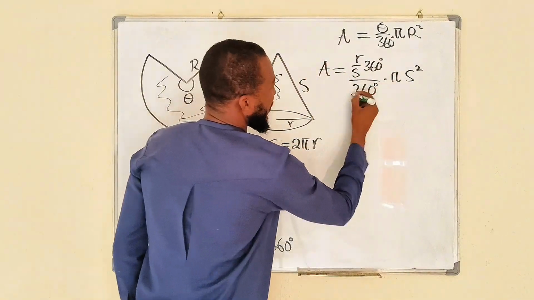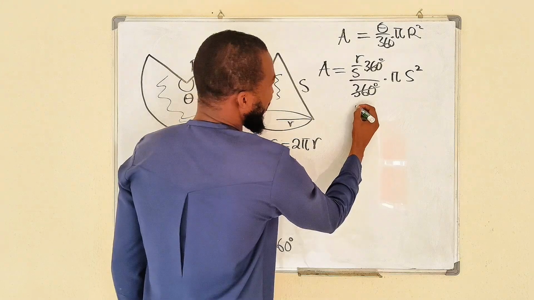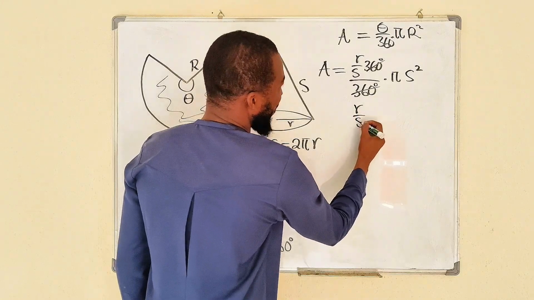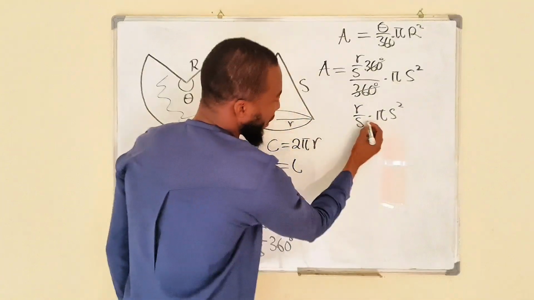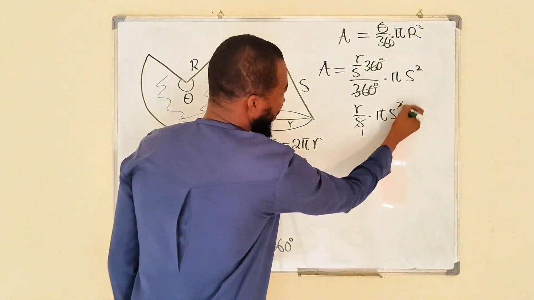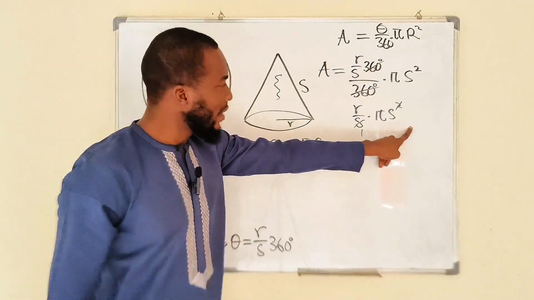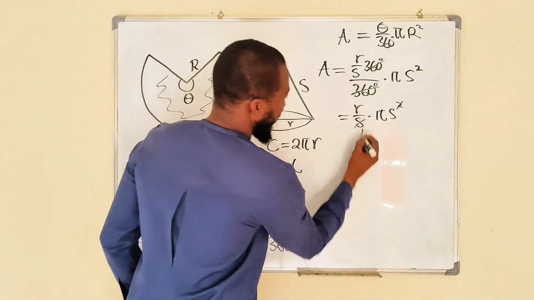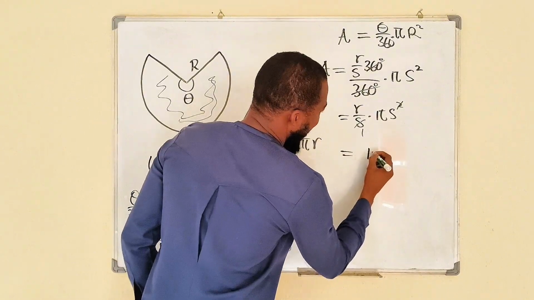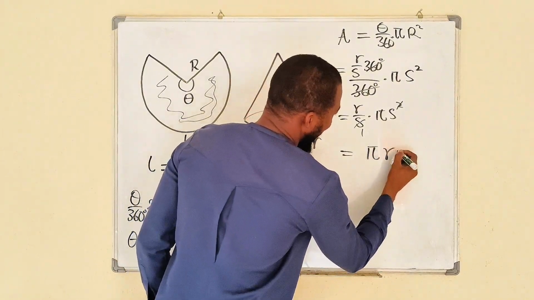This 360 will cancel this 360, and what we have is r divided by S, then multiplied by pi S squared. So one S will go into one of the S's here because this is S times S. All we have left is r pi S. So this is r pi S, but let me write it as pi r S.